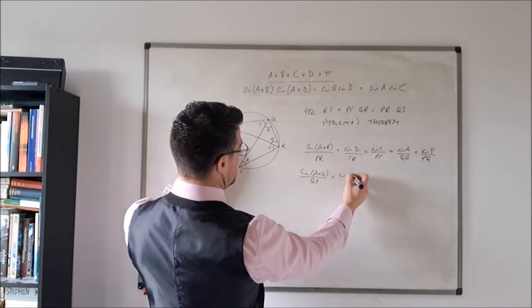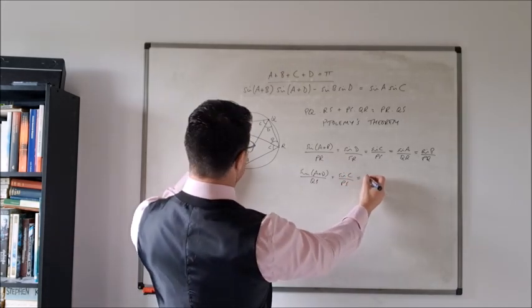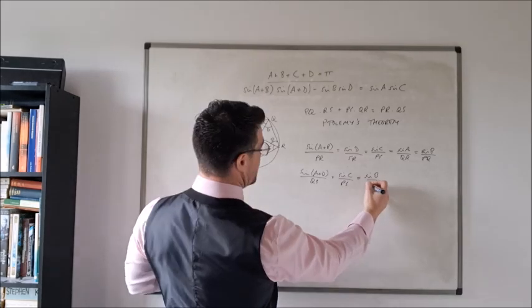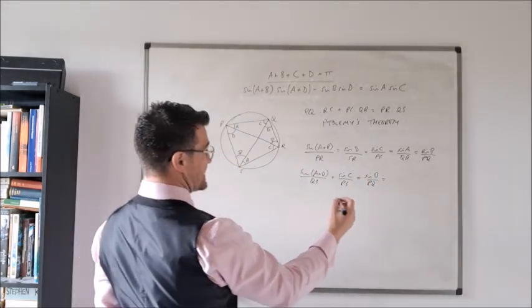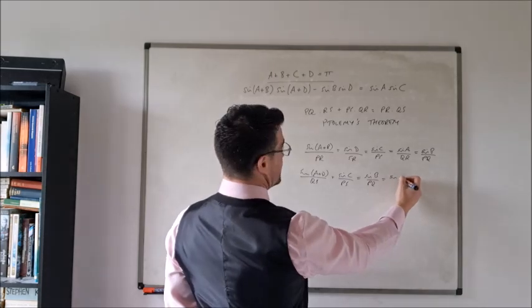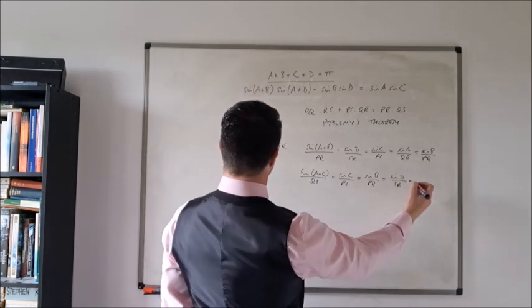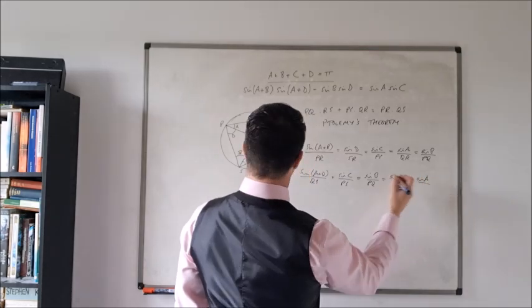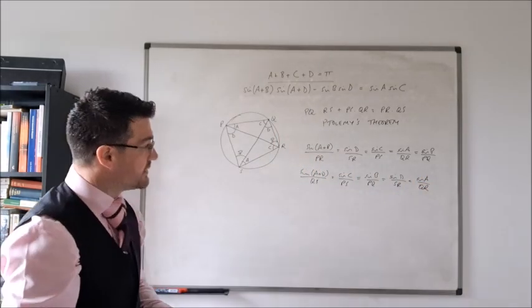So sine C over PS, which is equal to sine B over PQ. Similarly, sine A plus D is equal to sine B plus C. So we get sine D over SR, which is equal to sine A over QR. Okay.